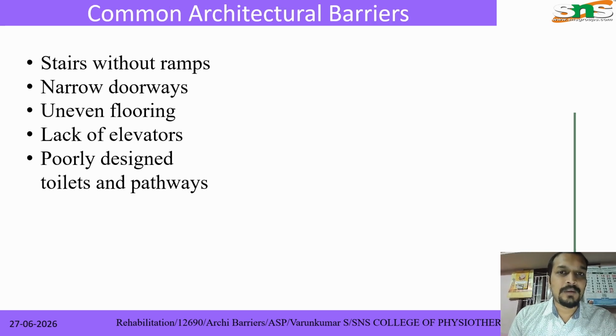So, list of the common architectural barriers. For a patient with disability, there will be stairs without a ramp. This is also an architectural barrier. If a patient has a narrow doorway, they are not able to access with the wheelchair. This is also an architectural barrier.